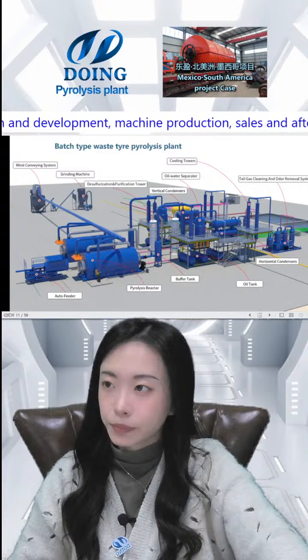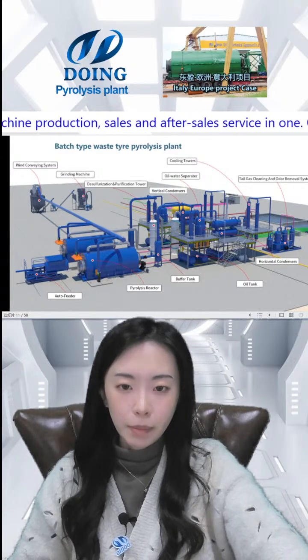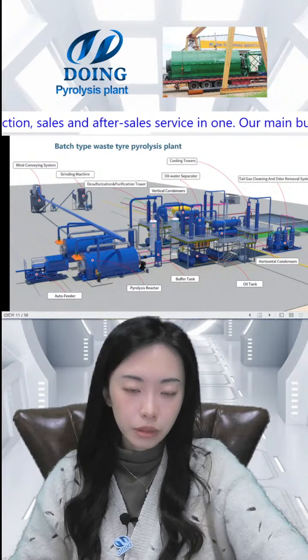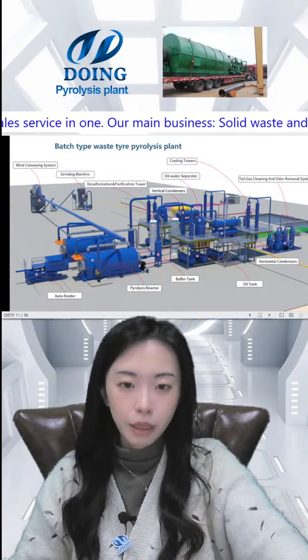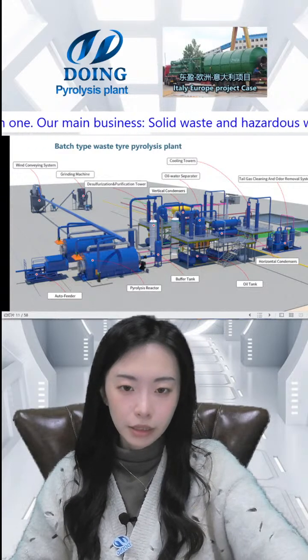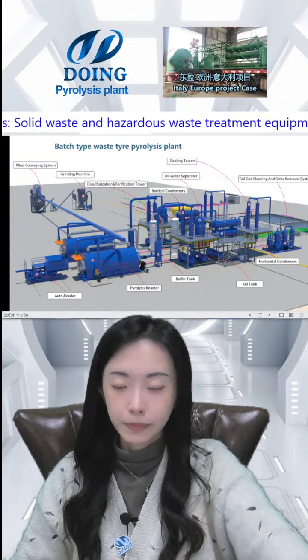certificate. And this is the 3D layout of the batch type pyrolysis plant. It includes 5 systems: the feeding system, pyrolysis system, condensation system, discharging system, and odor removal system.